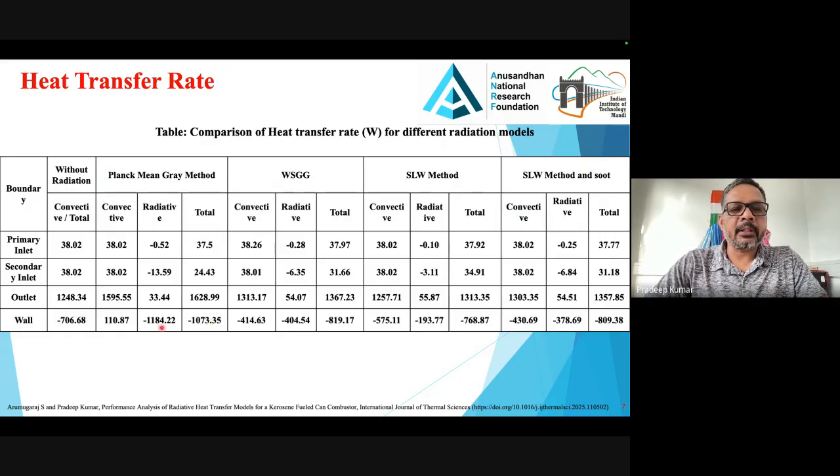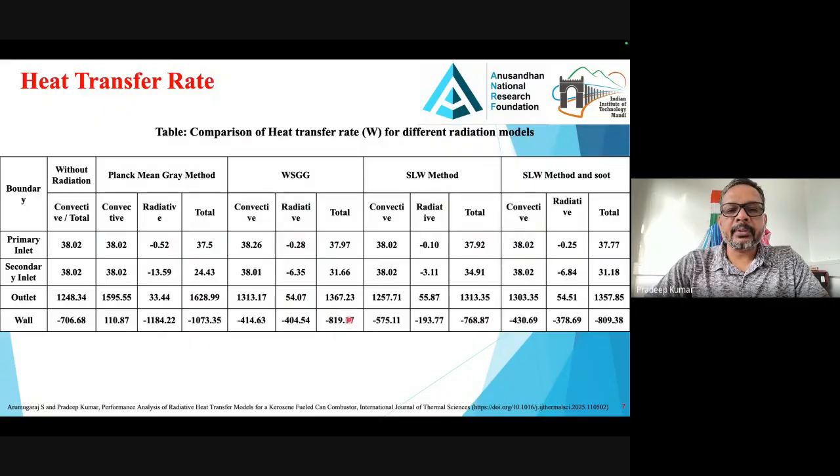But if you look at the distribution between convective and radiative, the radiative heat flux is even higher than the total heat flux. To balance the flux on the wall, it is the convective heat transfer that is opposite in direction to the radiative heat flux.